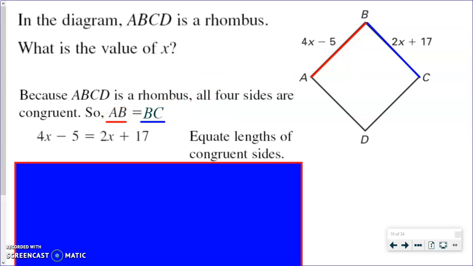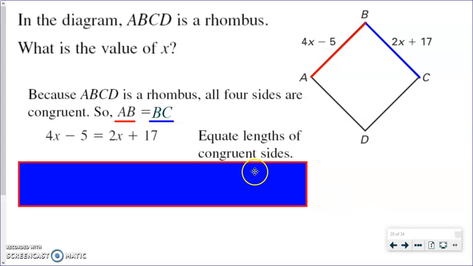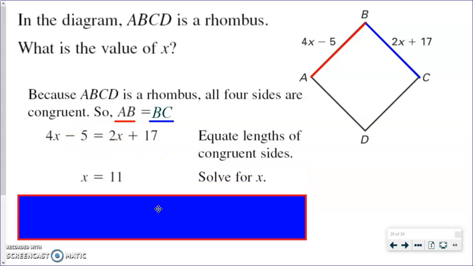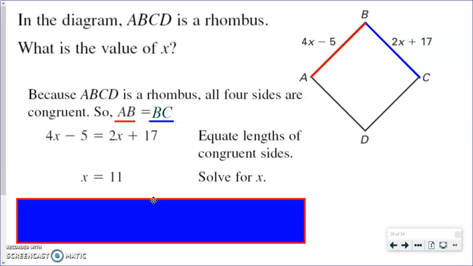So AB is congruent to BC. So in our equation, this is 4x minus 5, which is this side. It's going to be equal to 2x plus 17, which is this side. And then we just solve that equation, subtract 2x from both sides, add 5 to both sides, and then divide by 2. We get x equals 11.